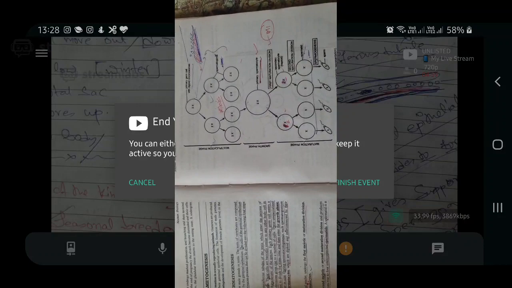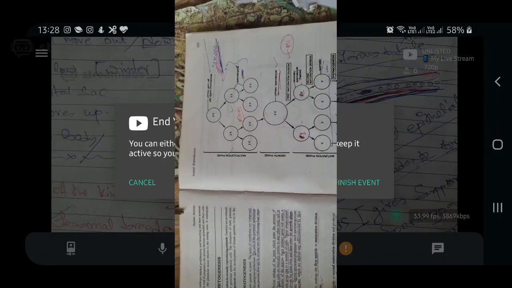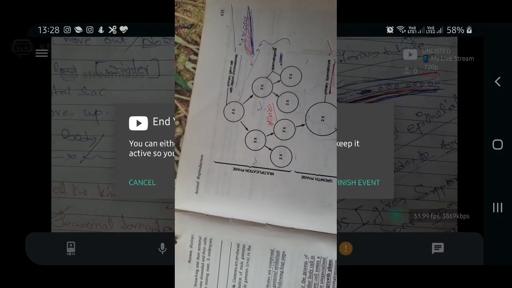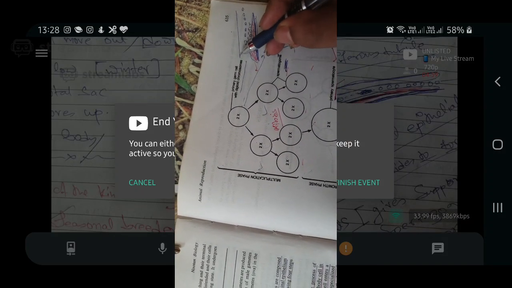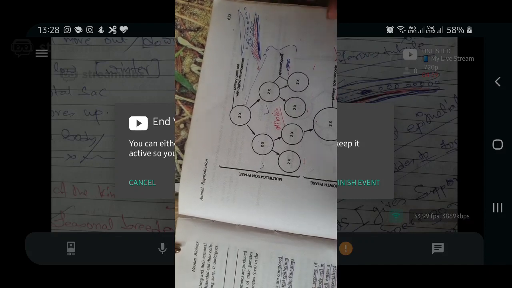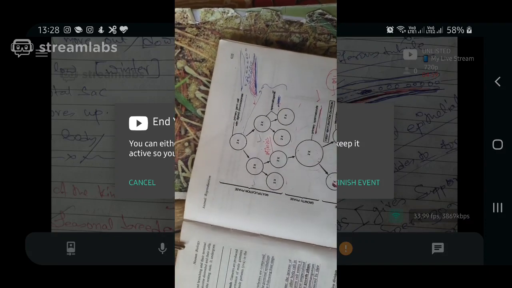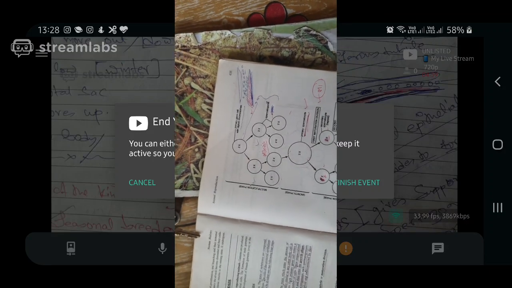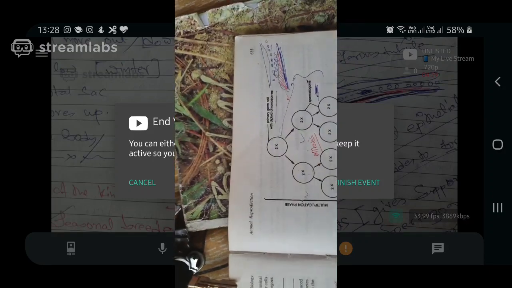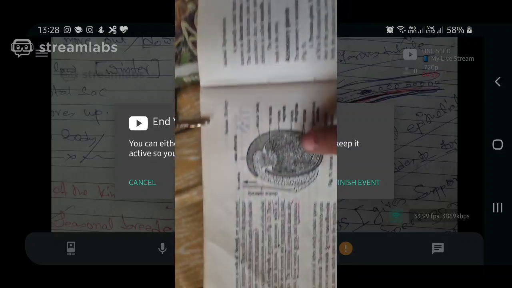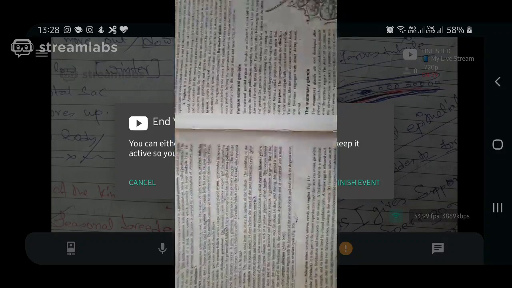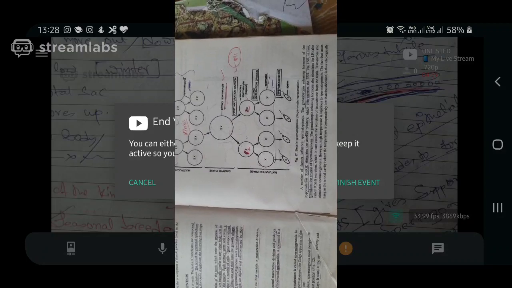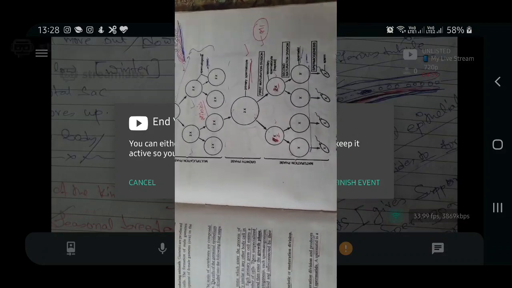So all these things occur inside the seminiferous tubule, and these spermatids come into the middle portion of the seminiferous tubule, and they pass into the rete testis, and from the rete testis they pass into the epididymis, where they develop a tail, and then go into the vas deferens, and then pass out.